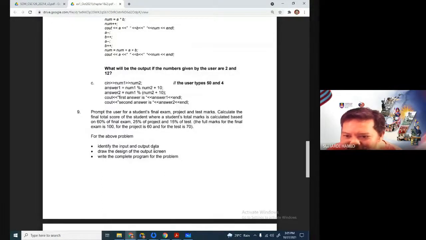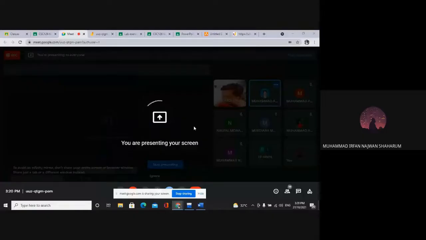How about if we work on this? Can we work on this question? Yes. So this will require everyone to work on your own compiler. How long do you want to spend on this?